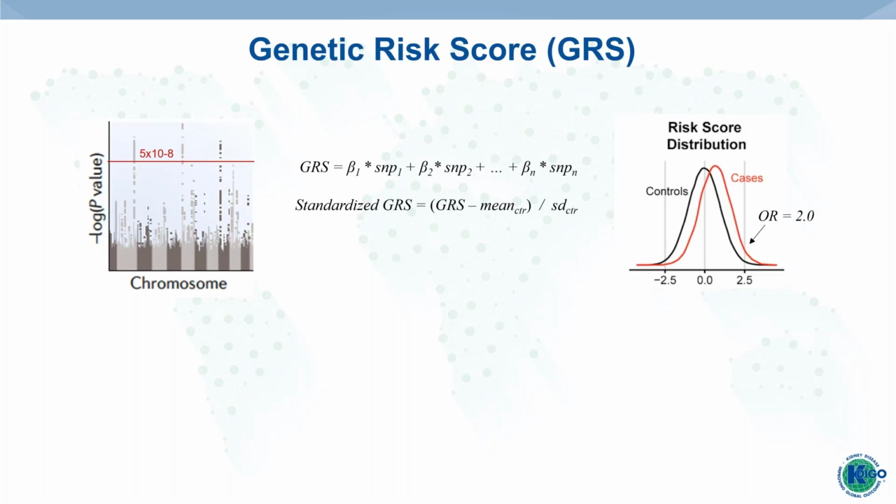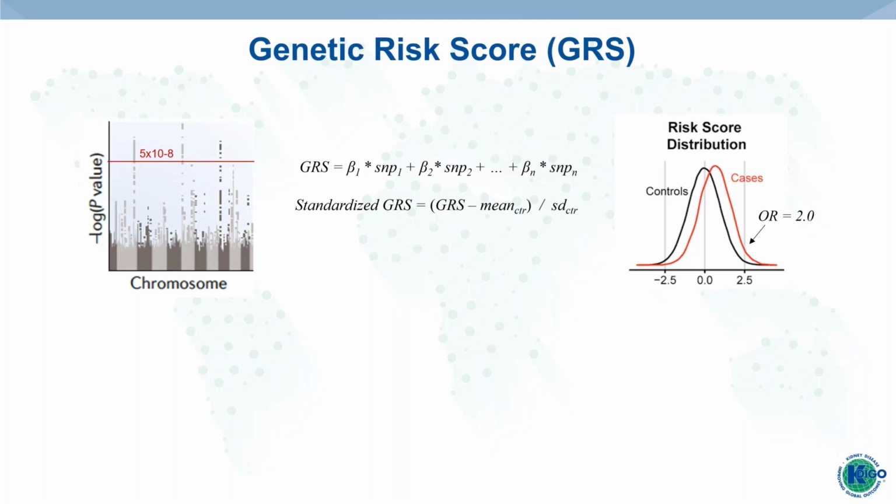And so one potential way to formulate a risk score, and that is the GRS, is to sum up the SNPs or risk alleles at these genome-wide significant loci, only concentrating on the significant loci, and perhaps capture their effects as well through a weighted sum of these SNPs or risk alleles, with the weights being effect sizes that are derived from the GWAS summary statistics.